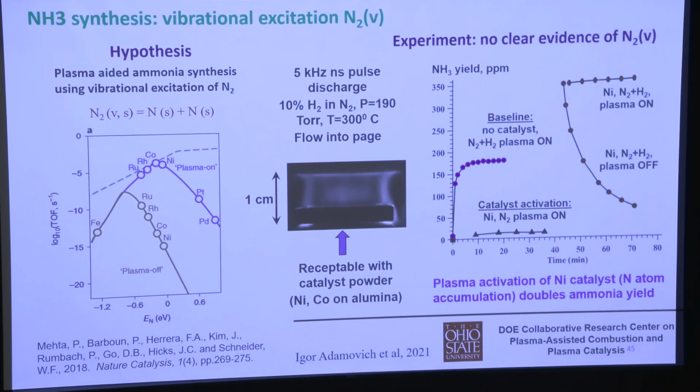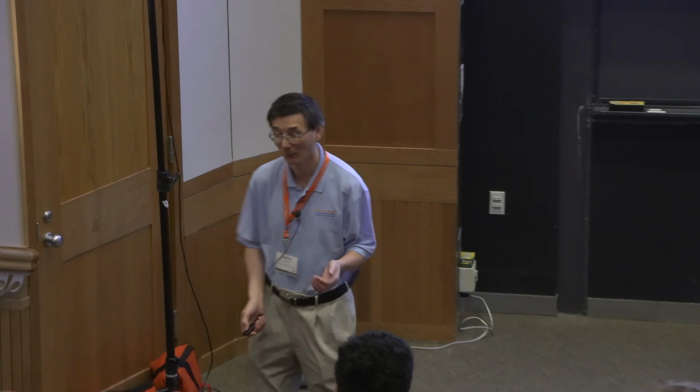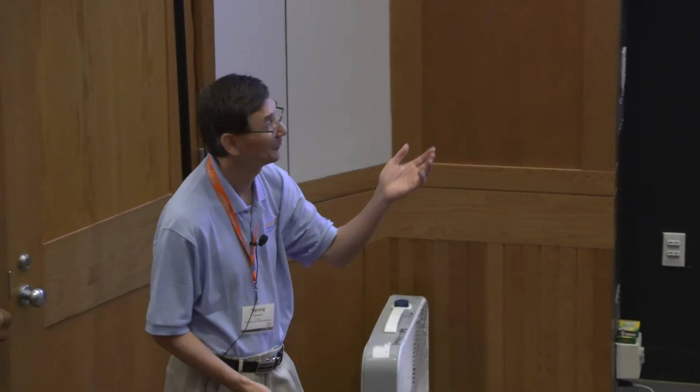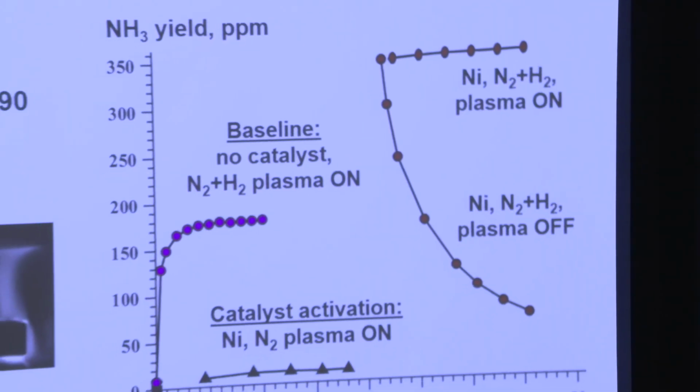So in this condition, they say the plasma can increase the yield by a factor of 2. This does not come close to the prediction of about 2 orders of magnitude.